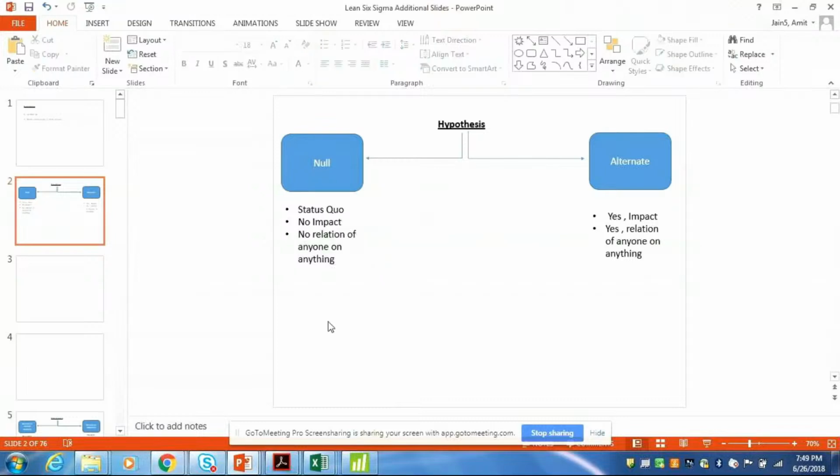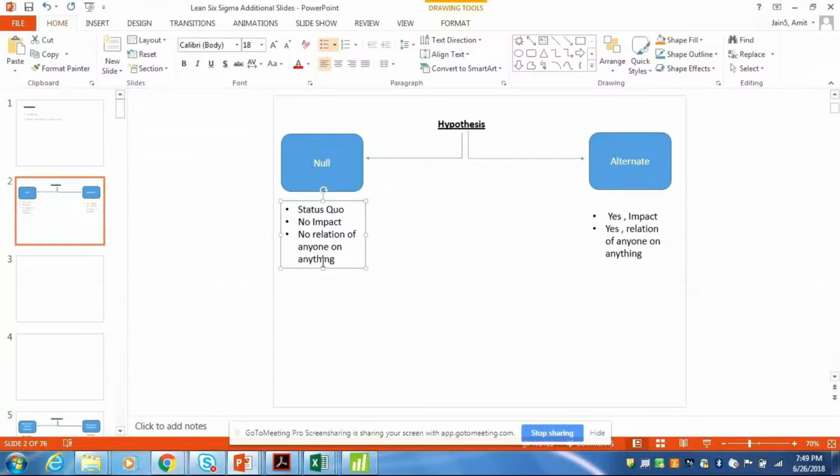How we do that, and how to interpret it with the magical value I talked about yesterday, the p value, we will understand. Whenever we do any hypothesis testing, we get a p value, and basis the value we get, we interpret whether the null hypothesis or the alternate hypothesis is correct.